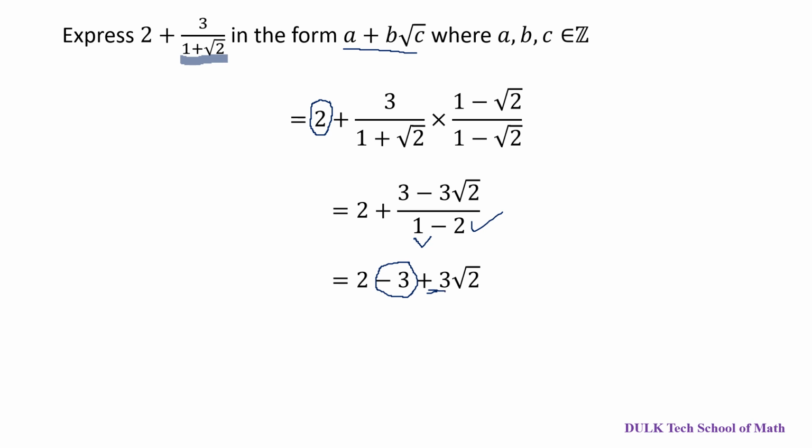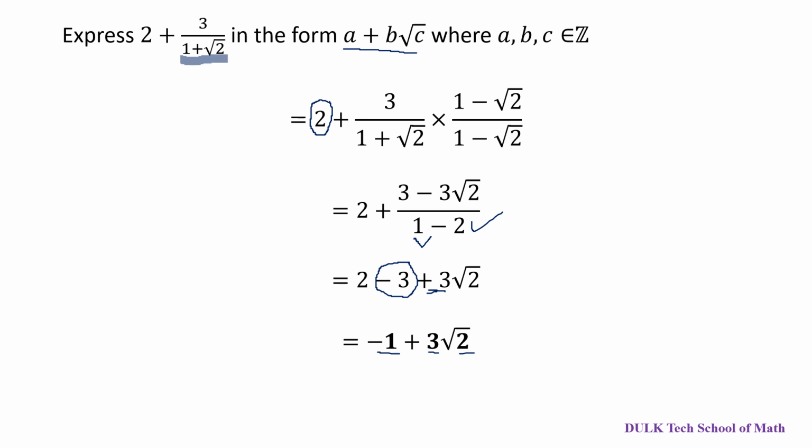And if we simplify, we can see 2 and minus 3 are like terms, so we can simplify. 2 minus 3 is minus 1. Then this one is no like term, so it's just minus 1 plus 3 root 2. Right, that's our answer. We have expressed the whole of this one in the form a plus b root c, like this. So that's our answer.